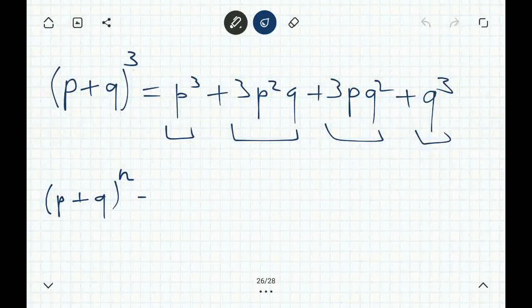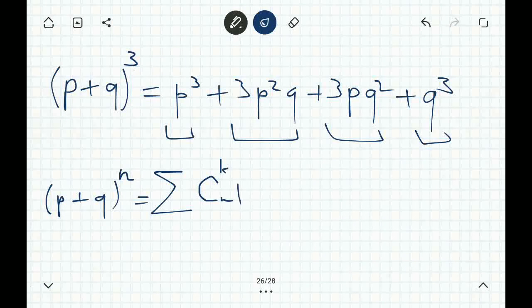And the binomial formula tells you that each term is C k out of n, p to the power k, q to the power n minus k. So C is just the number of combinations.